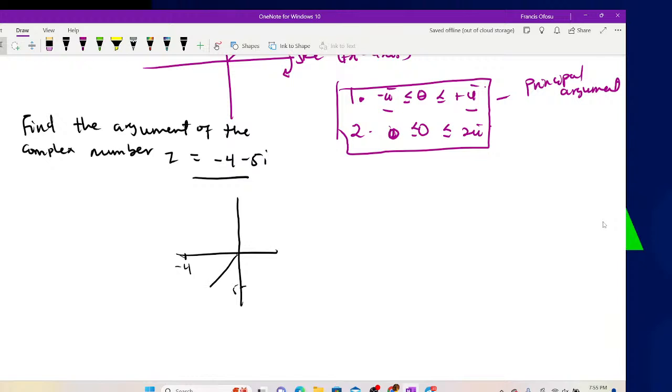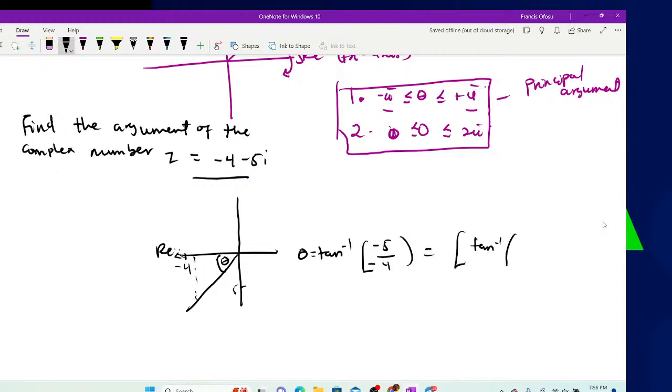So I'll have my complex number, and always the angle is attached to the x, the real part, right? So at this point, this theta becomes tan inverse of negative 5 over negative 4, which is also equal to tan inverse of 5 over 4, right?